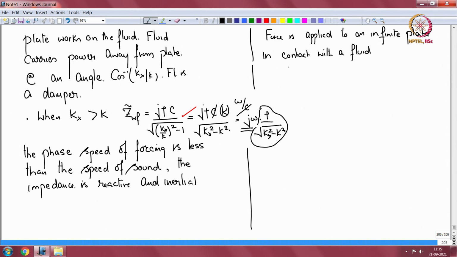Now we have to do a fully coupled analysis. So we have D del 4 eta by del x fourth plus m del 2 eta by del t square is equal to f tilde e to the power of j omega t minus kx x, minus p at x, 0, t.